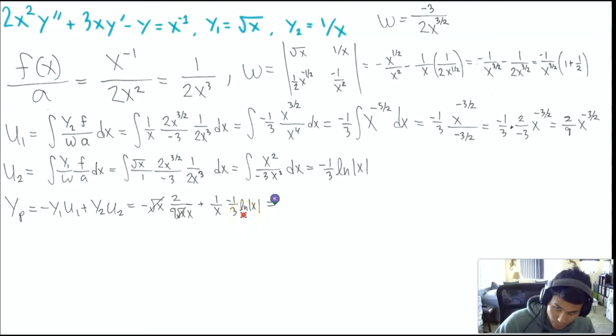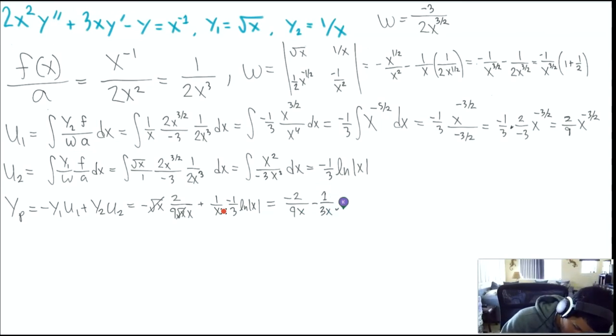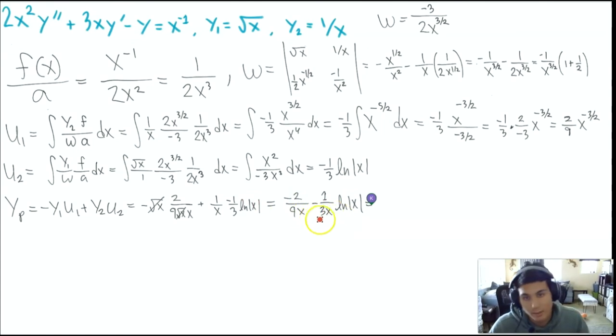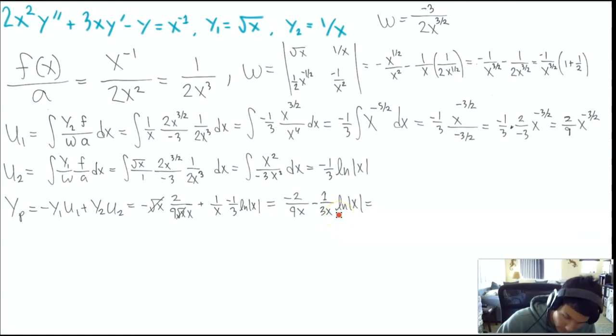All of this is equal to negative 2 over 9x minus 1 over 3x ln x. And maybe we can factor out this, we can try to make this a little bit simpler. Wait, you know what, let's just keep it.